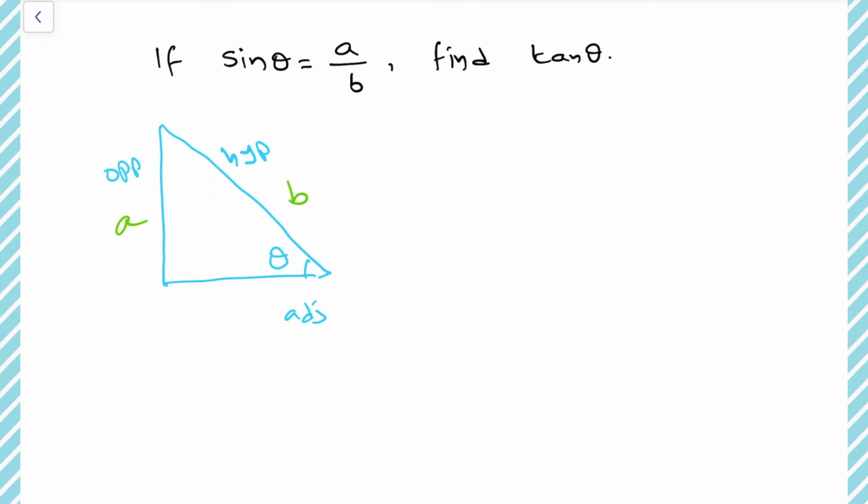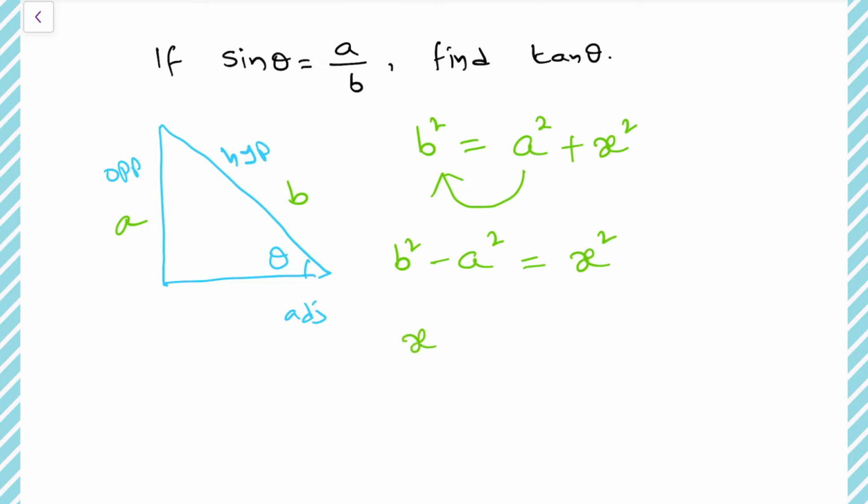Now by using the Pythagoras theorem, we need to find the third side, that is the adjacent side. Hypotenuse square equals first side square plus second side square. Here the second side is unknown, so I am taking it as x. Just take this a square to that side. So b square minus a square equals x square. X square is b square minus a square, so the x value is under root b square minus a square.